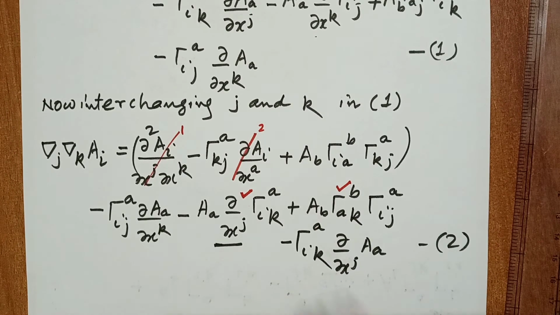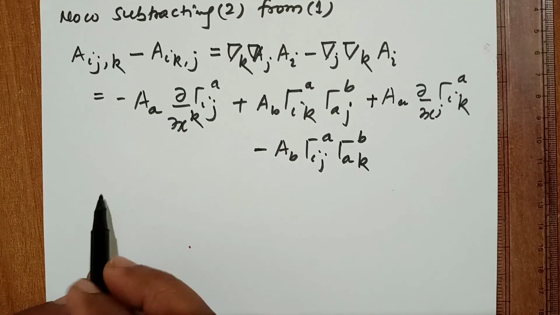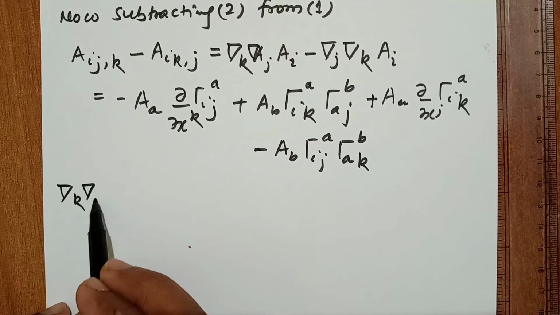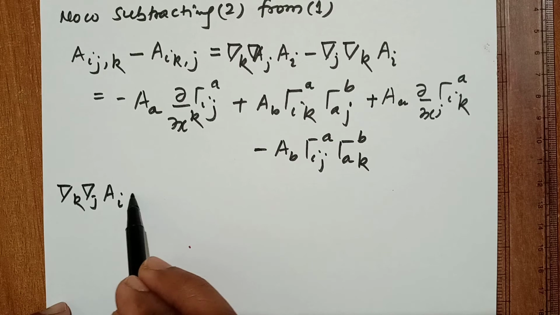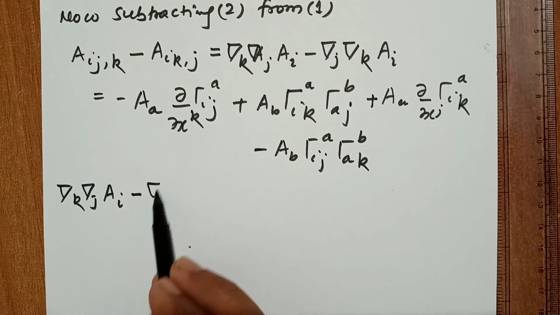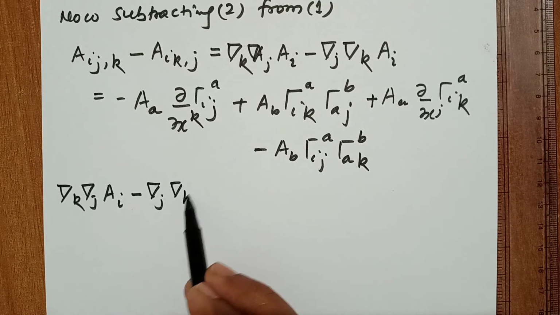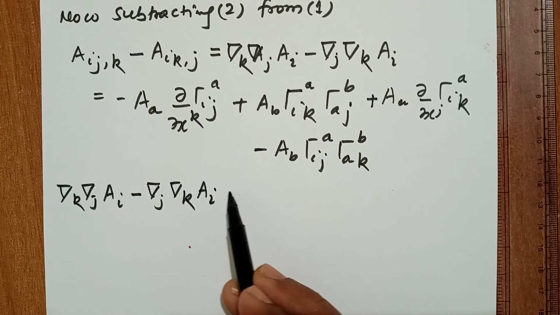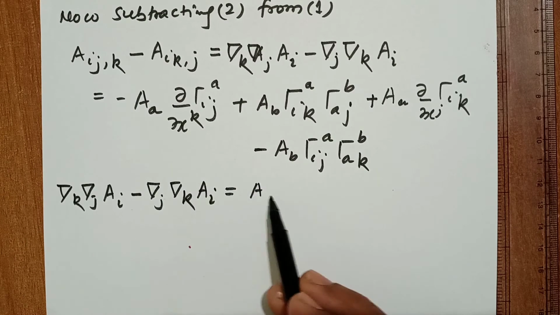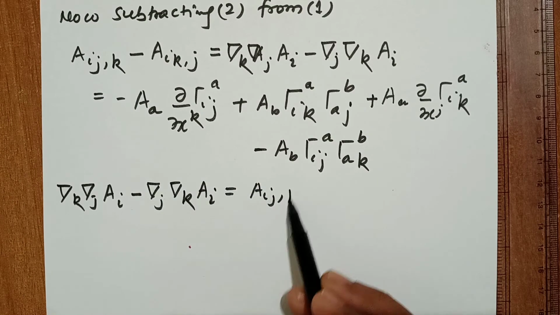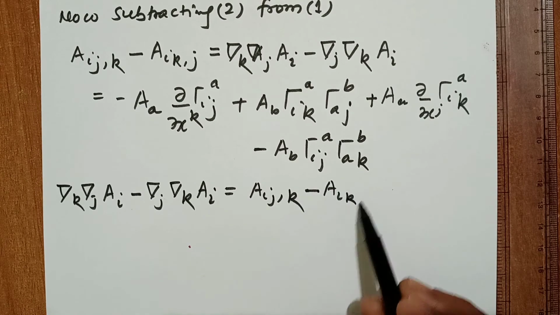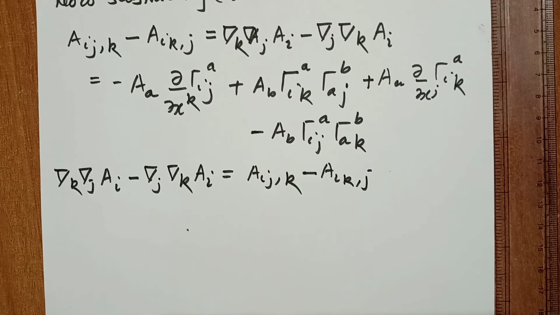All the terms will cancel out, meaning del k del j a_i minus del j del k a_i, or this can also be written as a_ijk minus a_ikj.